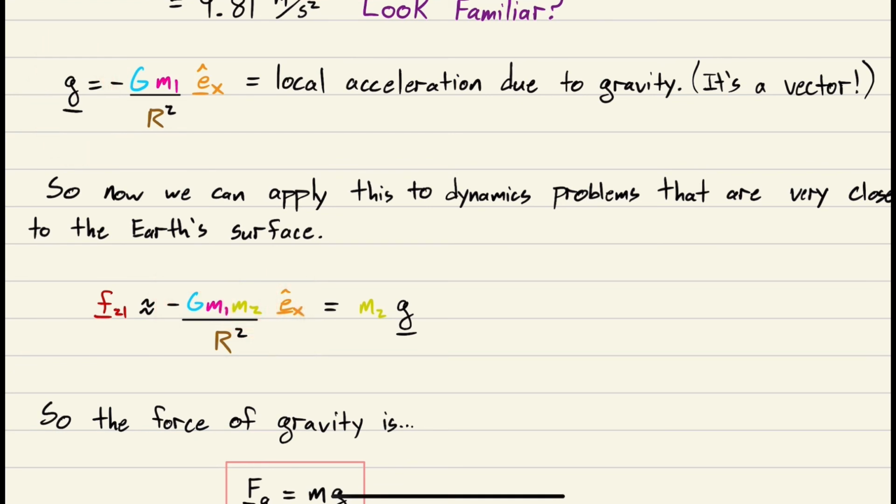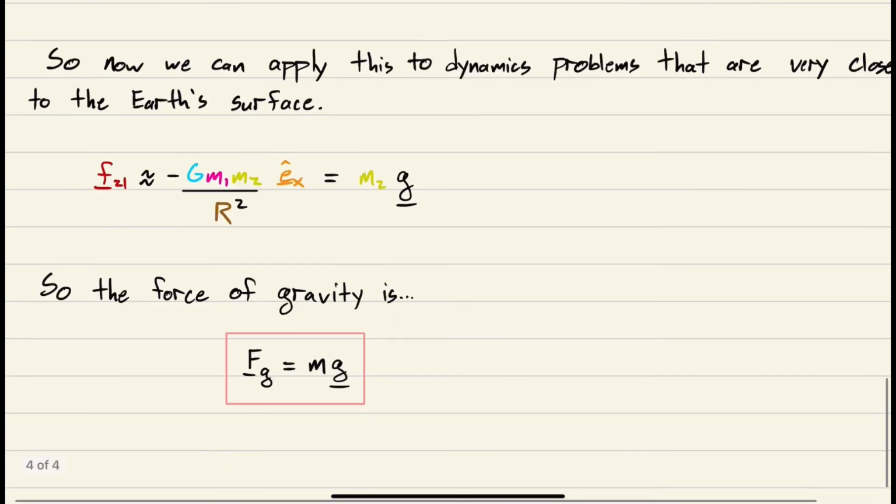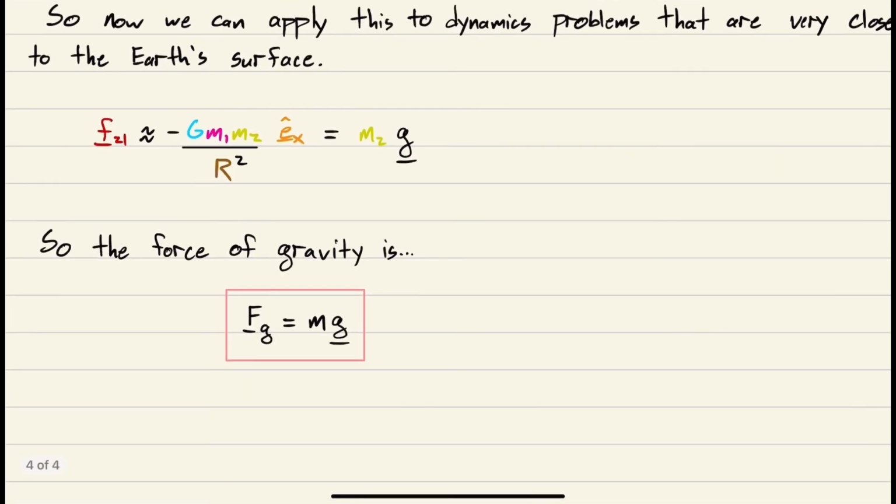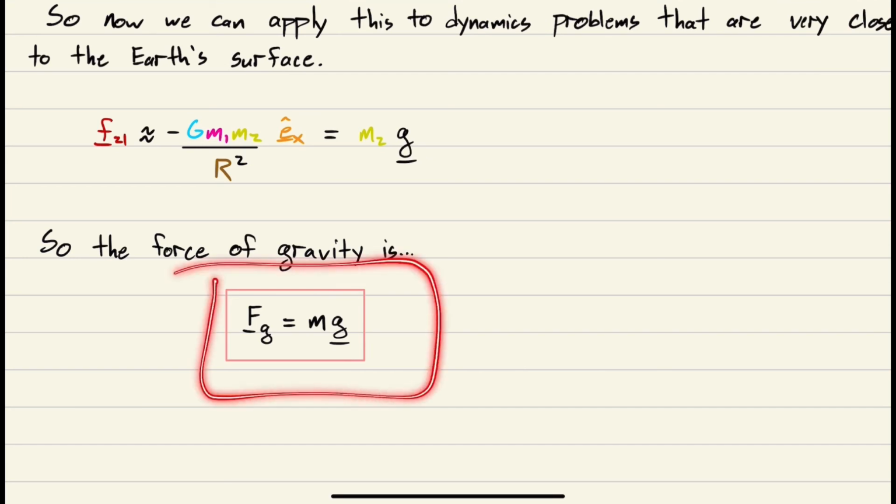That is now called g. So the force of the Earth on some body close by above the surface of the Earth is just M2 g. The mass of our body times g. So the force of gravity, which is what I've used in the previous videos and what we're going to be using moving forward, is m times g.